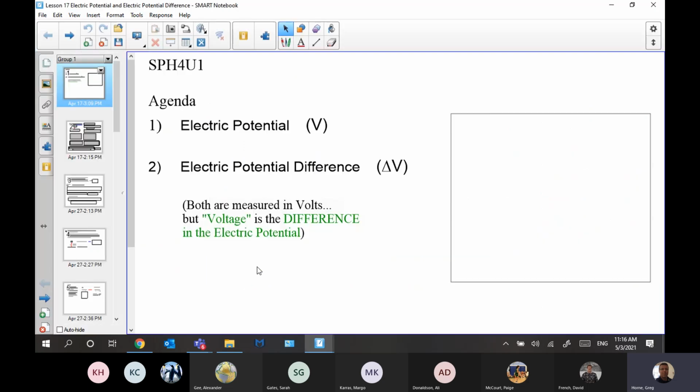The distinction is in your training and what you've seen so far: voltage means electric potential difference, and that's still true, right? But I remember in grade 9, if someone wrote delta V, it was kind of like saying the difference in the difference. And so we didn't write that.